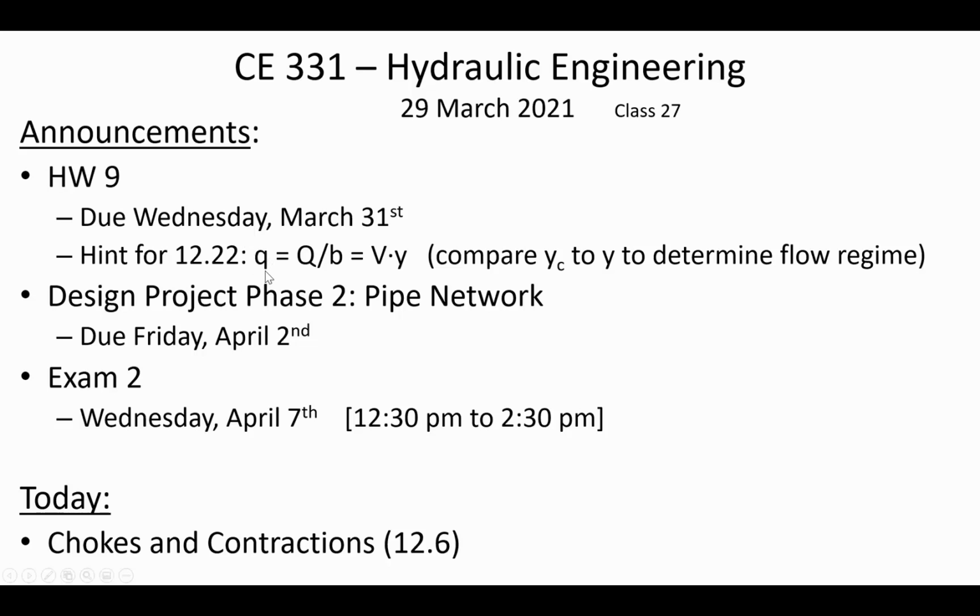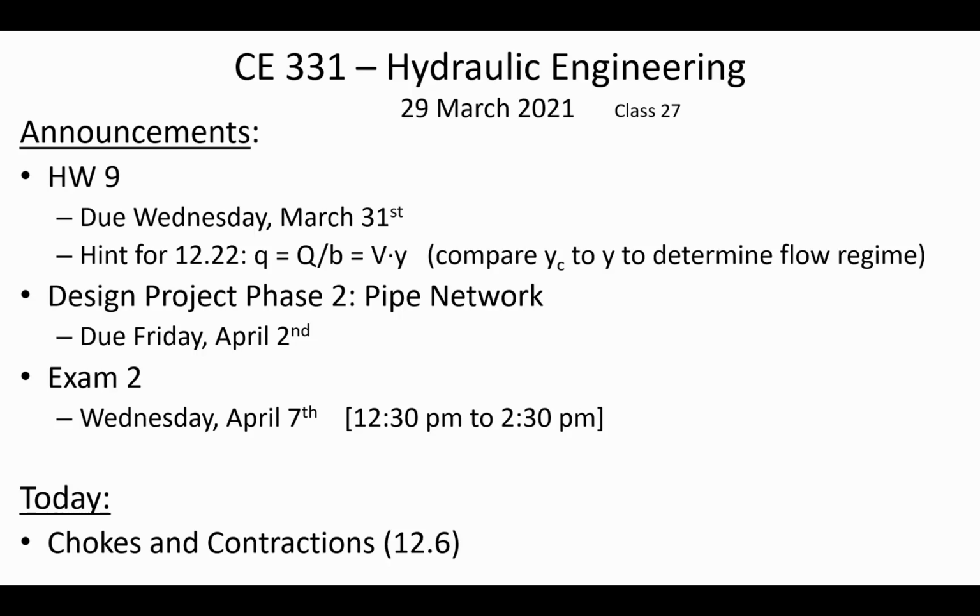So you can find flow per unit width, lowercase q, and use that to determine the critical depth, because you know the critical depth can be calculated as flow per unit width squared divided by g, to the 1/3 power, if it's a rectangular channel. And so then one of the ways that you can tell if the flow is supercritical or subcritical is Froude number.